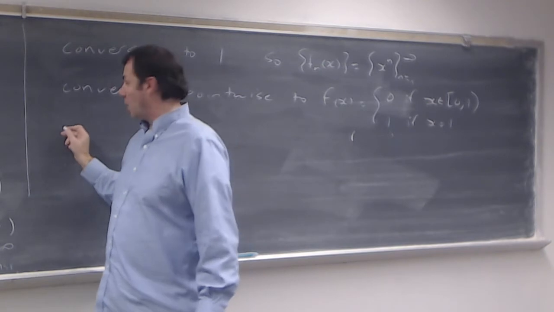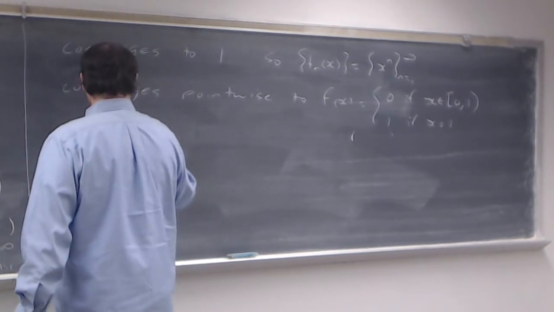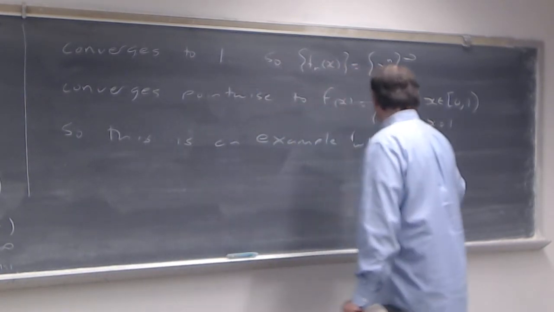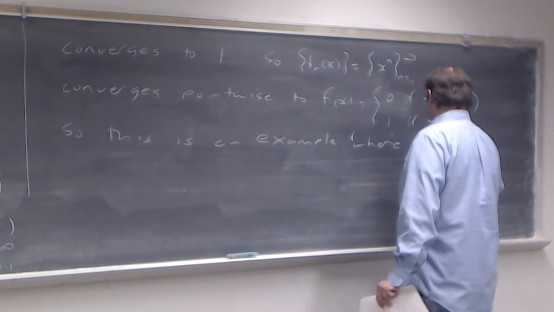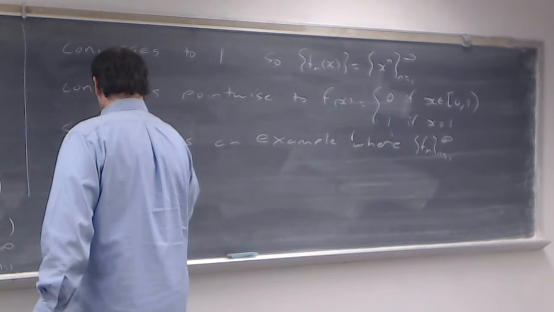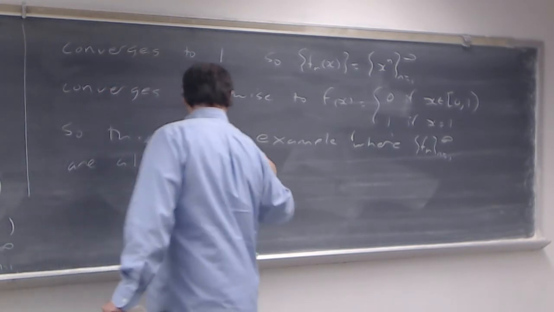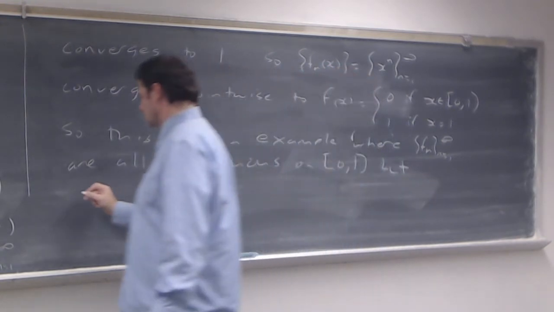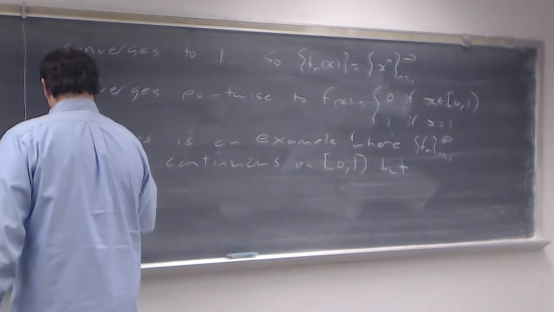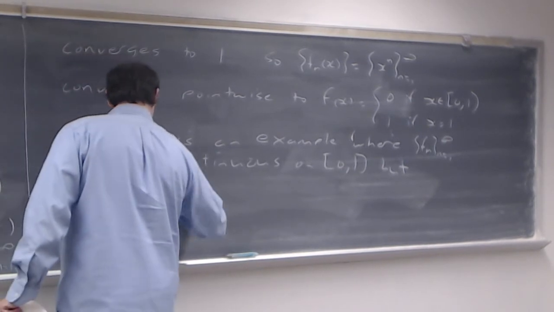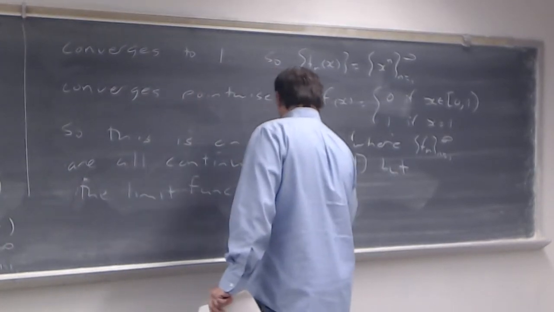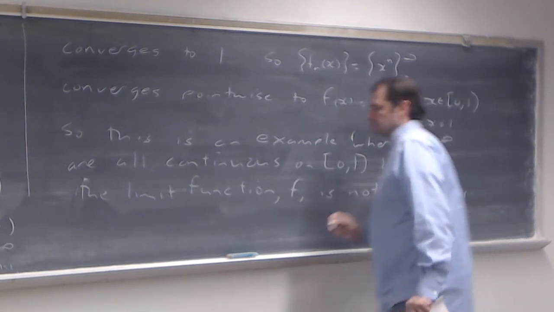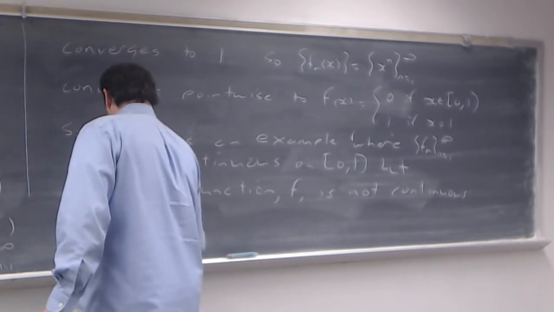And so this is an example where the f sub n's are all continuous on 0 to 1, but what it converges to, the limit function f, is not continuous on 0 to 1.